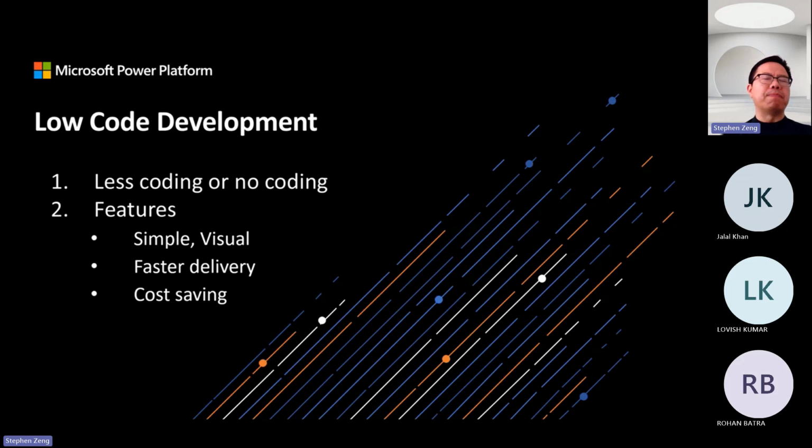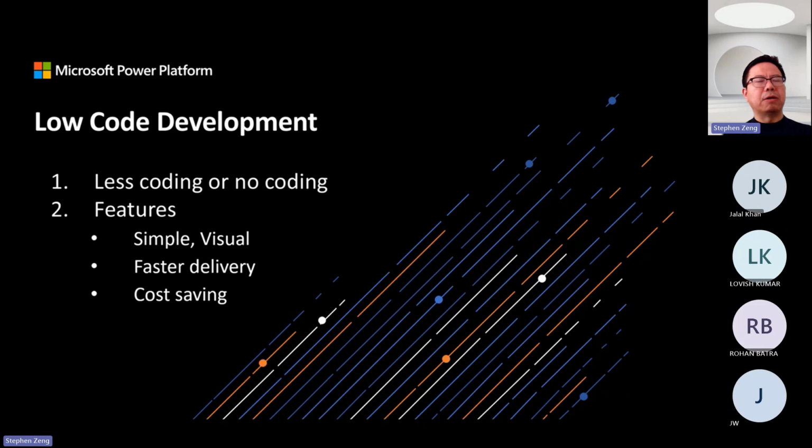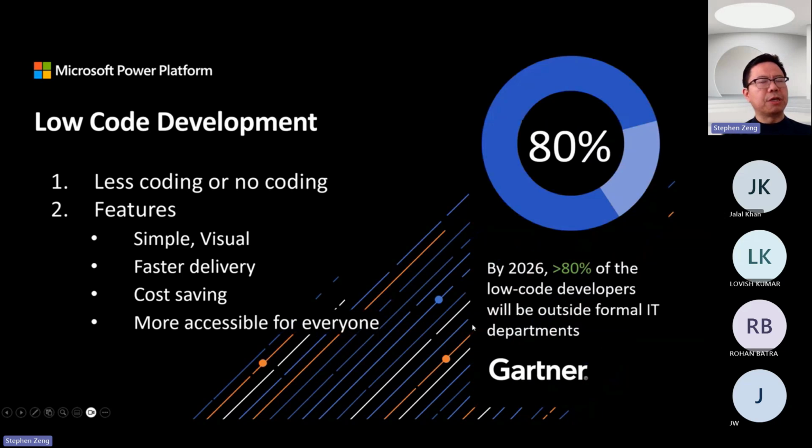And also because of that, it gives you the benefits of cost saving, and because you now don't actually need to understand those programming languages, etc., it becomes more accessible for everyone, even for people without a strong technical background or without learning a programming language.